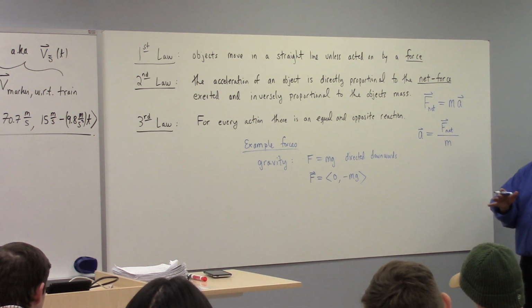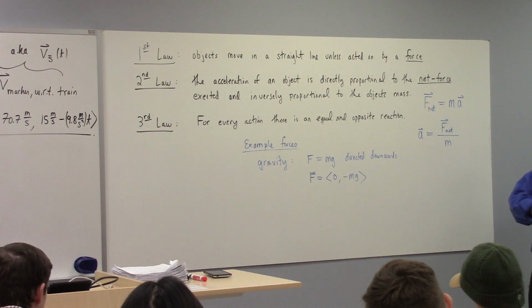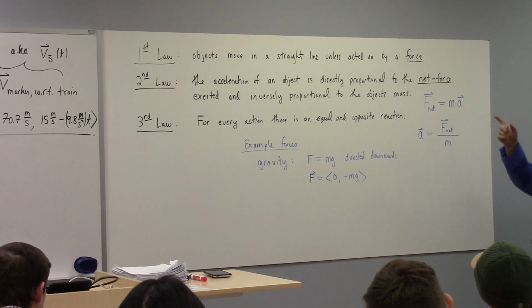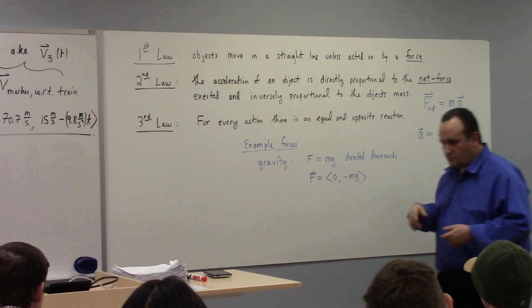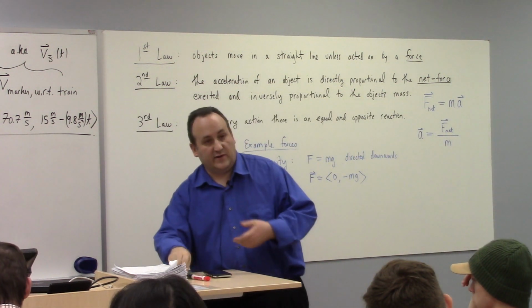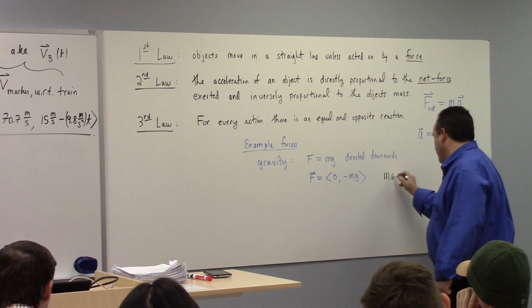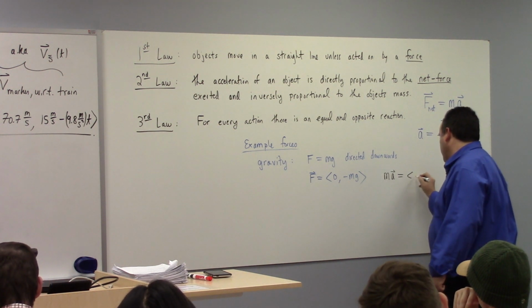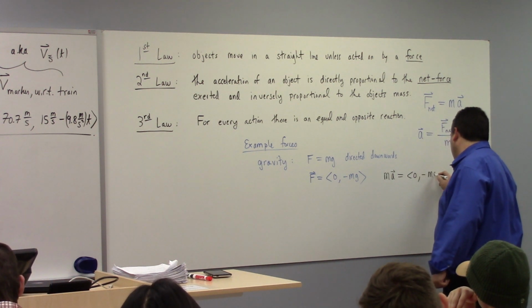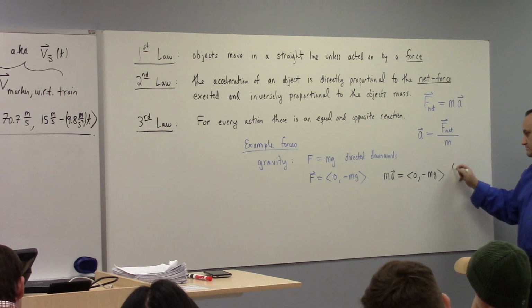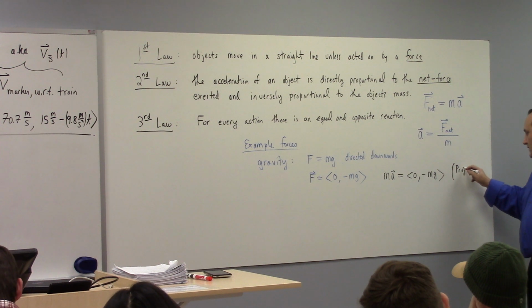So if the net force on the projectile, like this marker, oh, there was an action-reaction with a wall there. But if we're ignoring air friction, we just have mass times acceleration is equal to 0 minus mg. And what happens there? So this is projectile motion. See what happens?